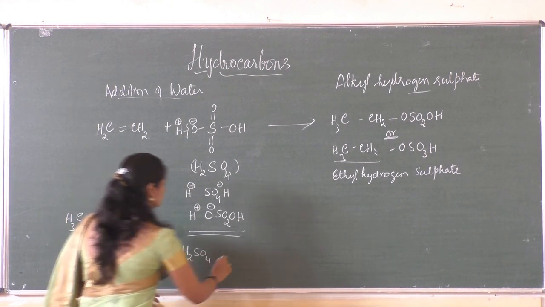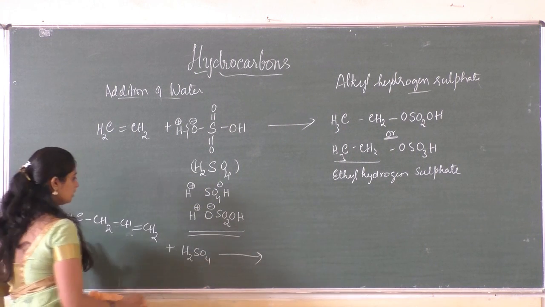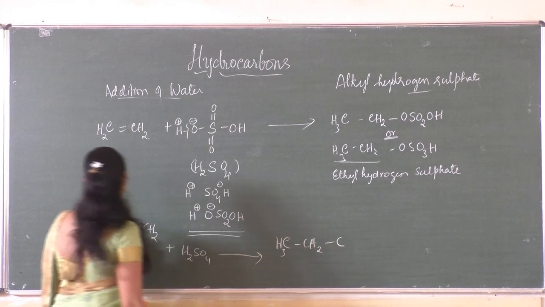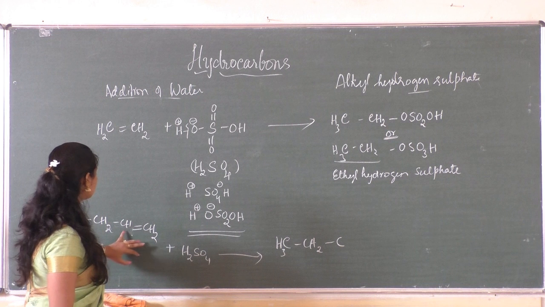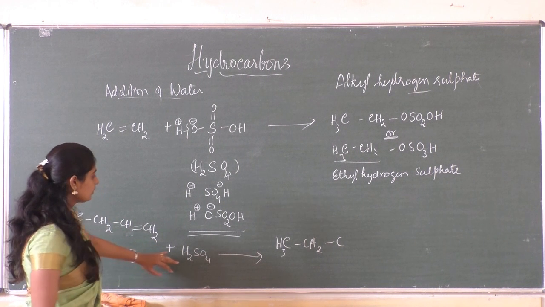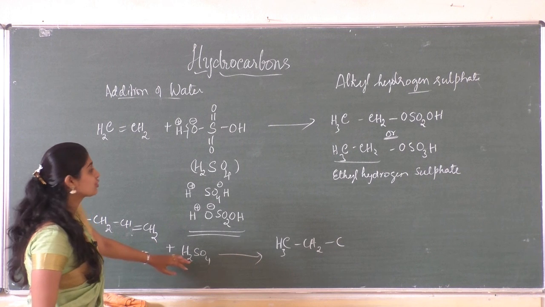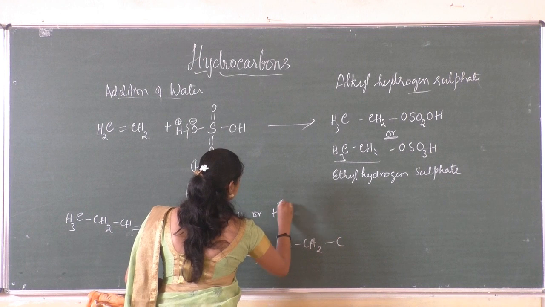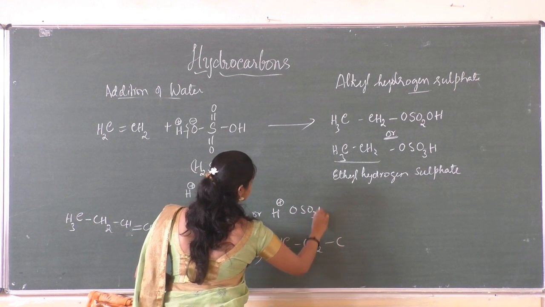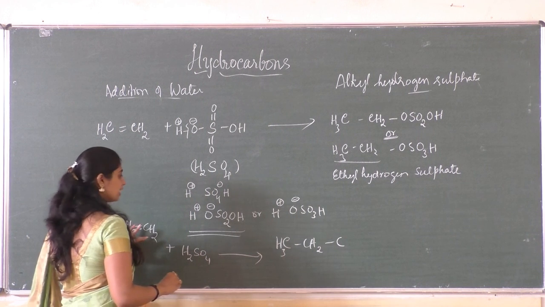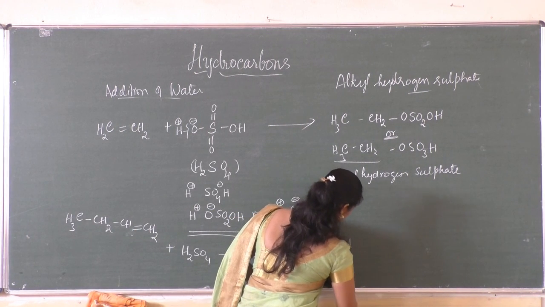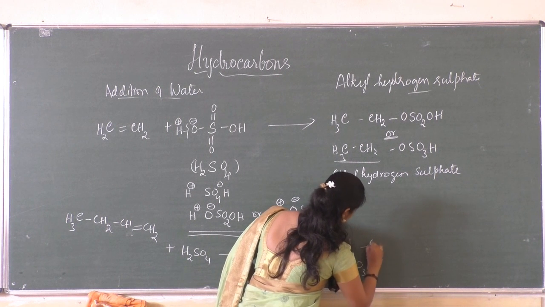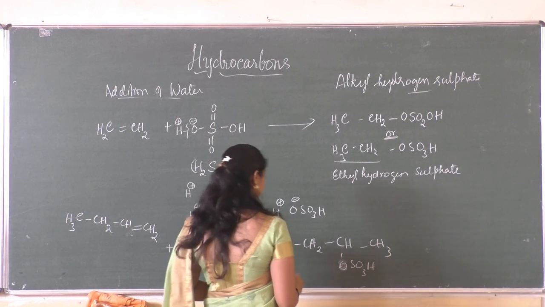Under cold conditions it forms CH3CH2, then the alkyl hydrogen has to be added: the OSO3H group needs to be added to the second carbon atom, so it is CH(OSO3H)CH3.